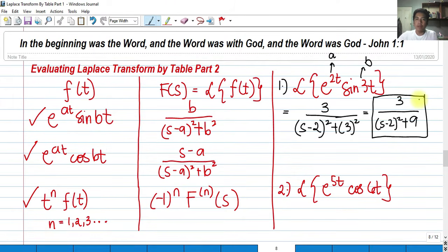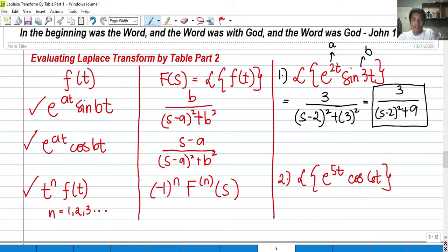How about the second problem? The second problem is again easy, because this is a very straightforward problem wherein we already have this type of function. If we get the Laplace transform, then definitely this is cosine 6t. For this, we have s minus 5, which is our value of a. Of course, if this were negative, it should become plus 5.